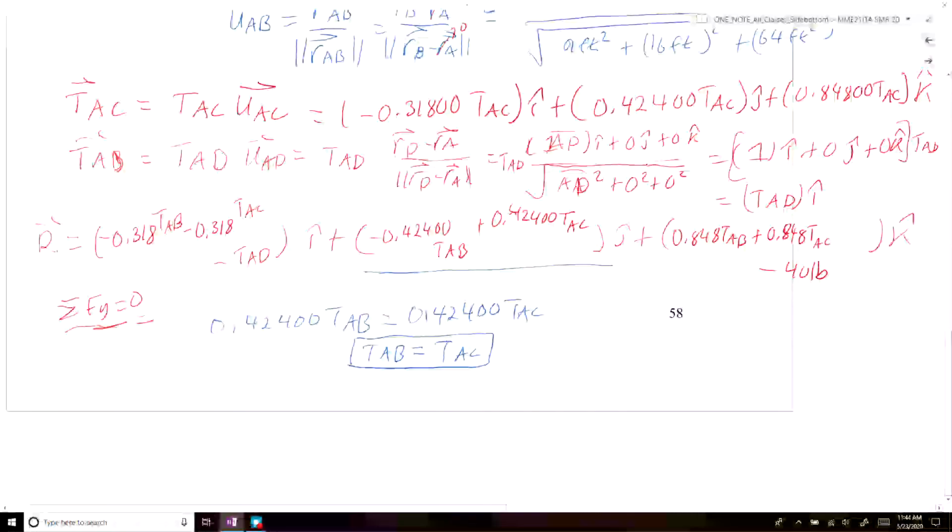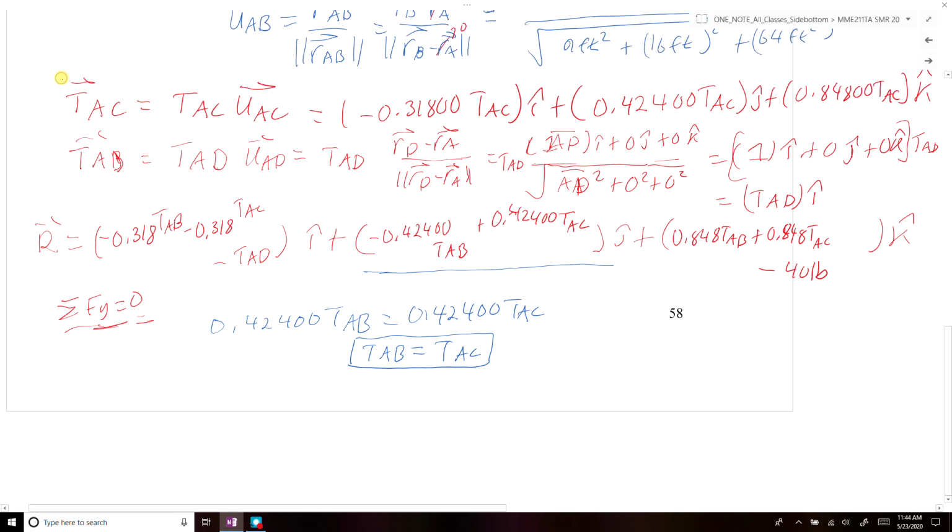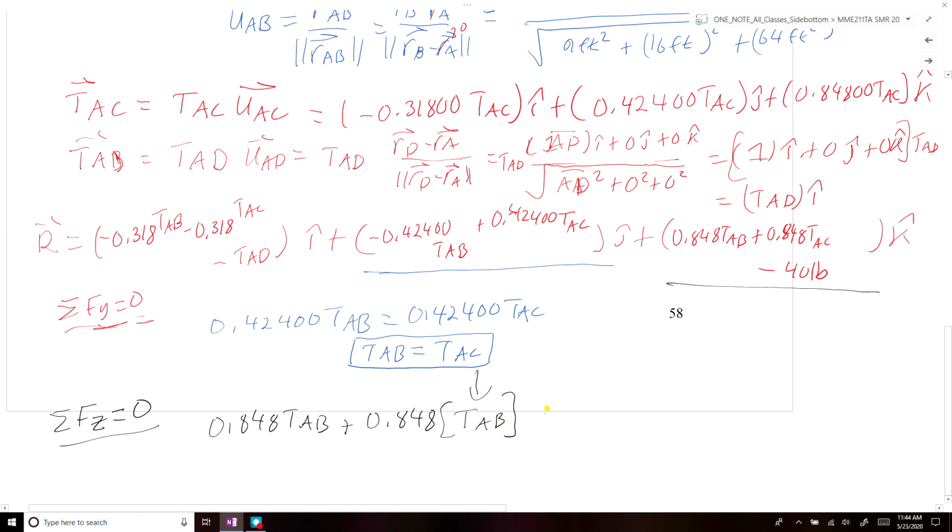We can then go on to sum the forces in the z direction and set that equal to 0. If we do that, we'll get 0.848 TAB plus 0.848 TAC, which I'm going to substitute in for TAB using this equation here, minus 40 pounds is going to be equal to 0.